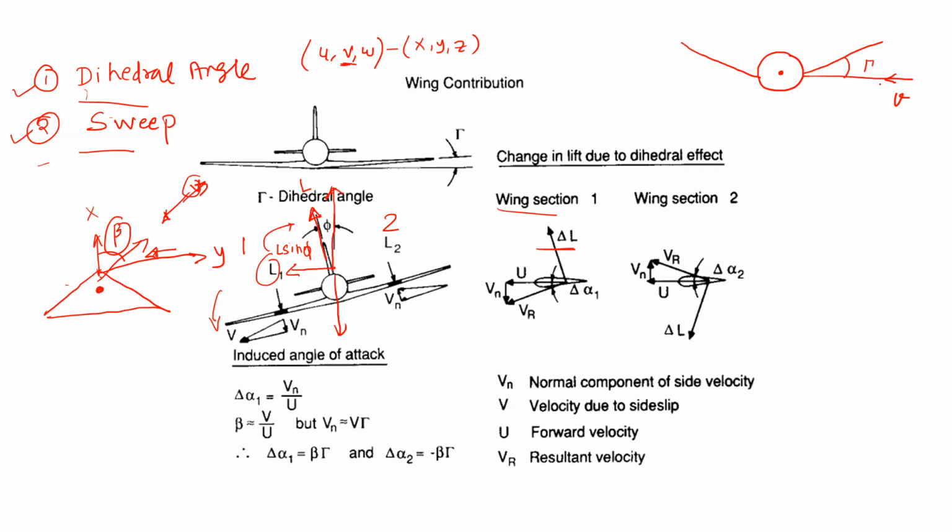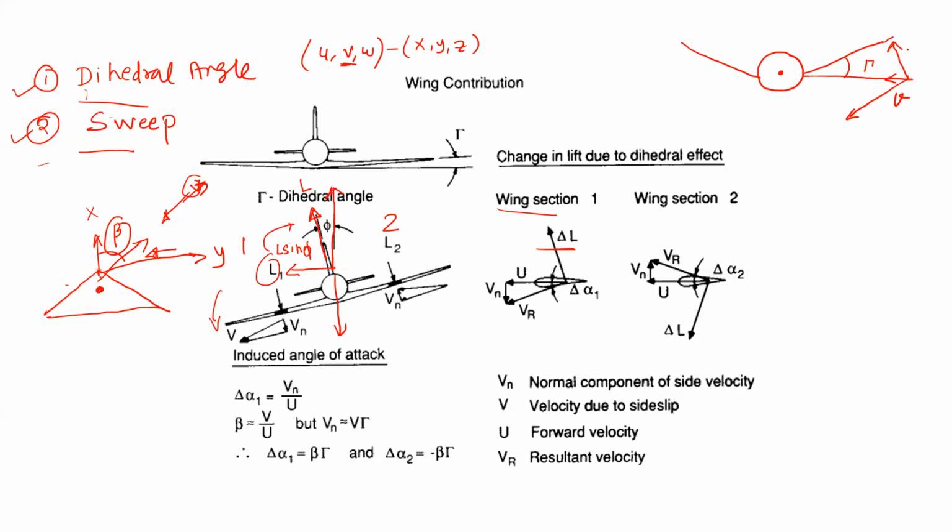Now, one of the components of this V, the sideward velocity that we are receiving, is directly perpendicular to the wing plane, the wing surface area. The other component is going parallel to the wing surface.